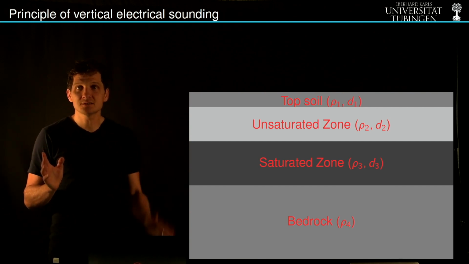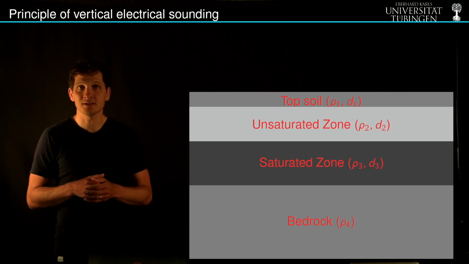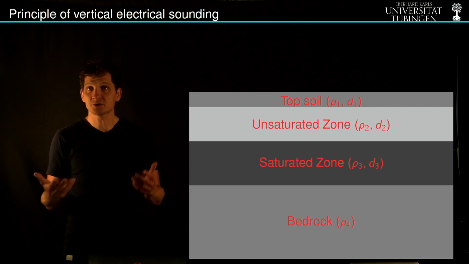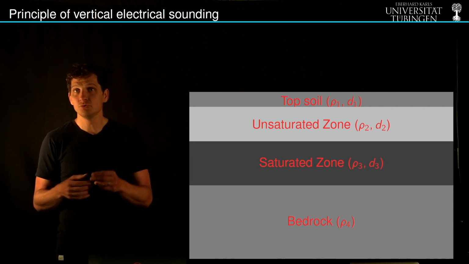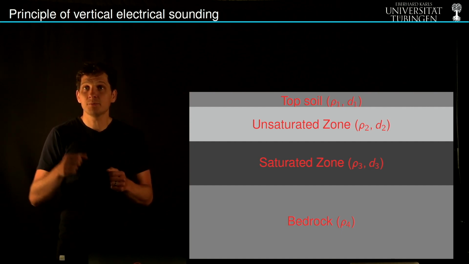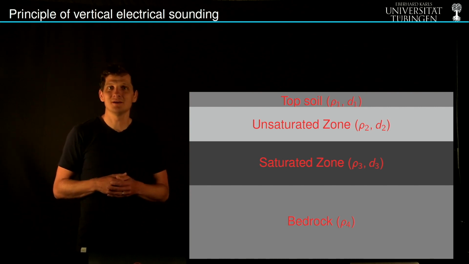This is not an unreasonable assumption for many settings in the geo and environmental sciences. And all those layers are described in a resistivity method with essentially two parameters. A layer has a resistivity, rho, which is a material property, and it has a thickness. The thicker, the more important, obviously.